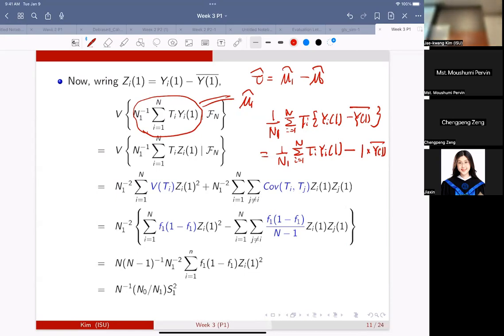Because the summation of Ti is capital N1, the ratio is just 1. So the second term is constant with respect to the sampling mechanism. So the variance is the same. That basically shows the first equality.